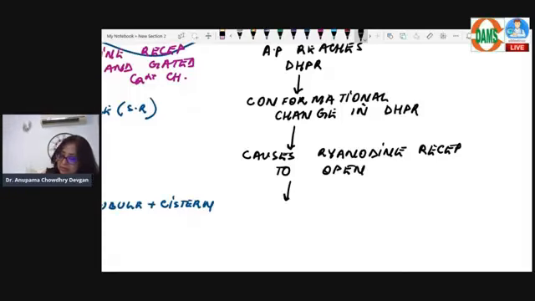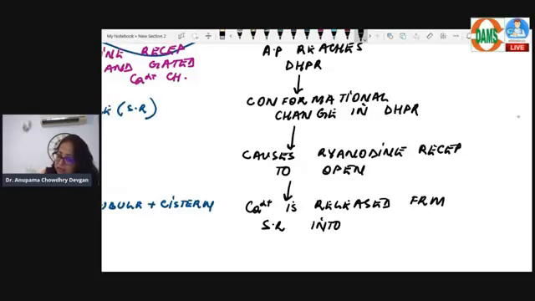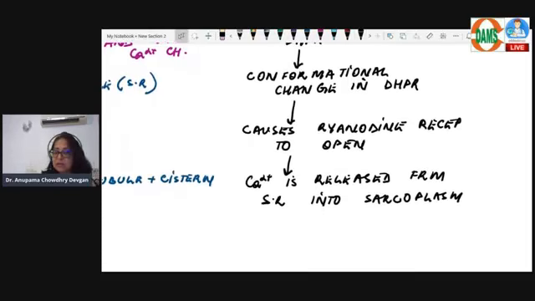Once the ryanodine receptor opens, calcium is released from the sarcoplasmic reticulum into the sarcoplasm. The sarcoplasmic reticulum is the same thing as the endoplasmic reticulum; in muscles it is known as sarcoplasmic reticulum.